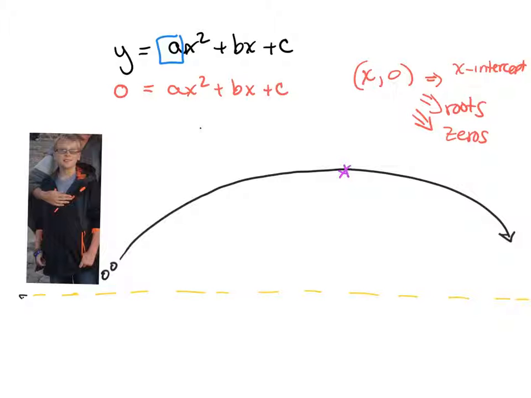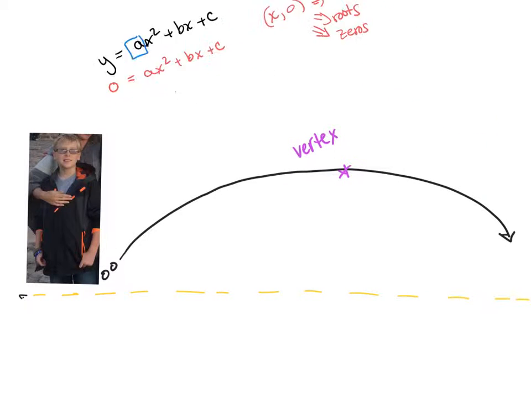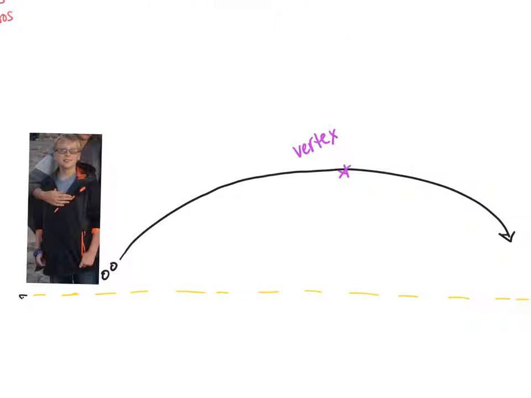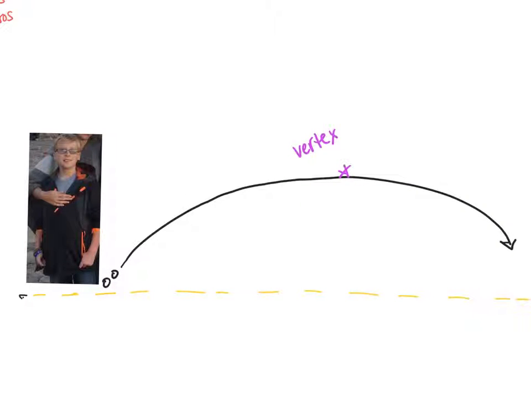On a graph, that is what we call the vertex. That's the maximum. Now, if I was to try to find out how much time it took for the ball to get to that point from the moment that Colin kicked it, the time that it would take would actually be this right here, which is the x value.